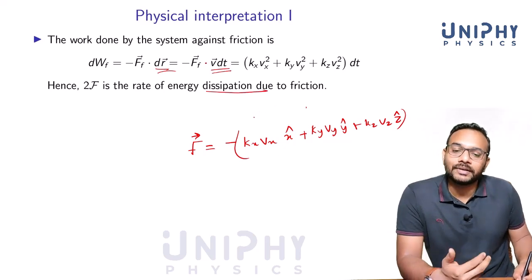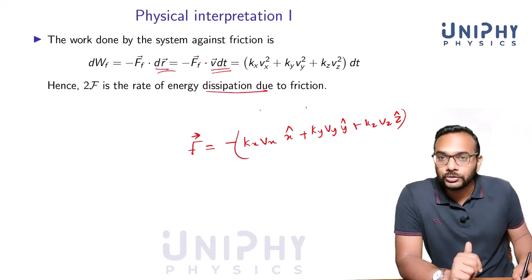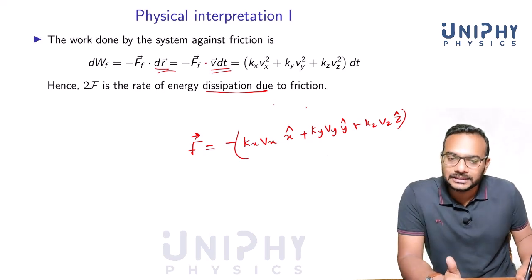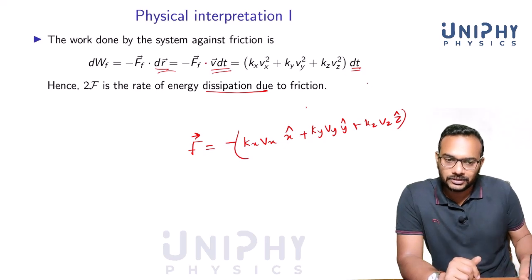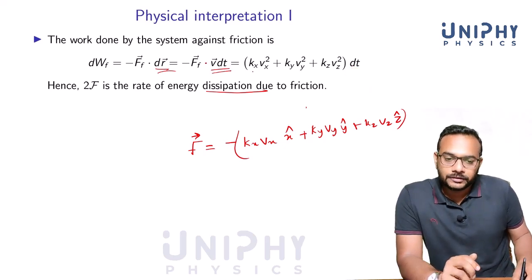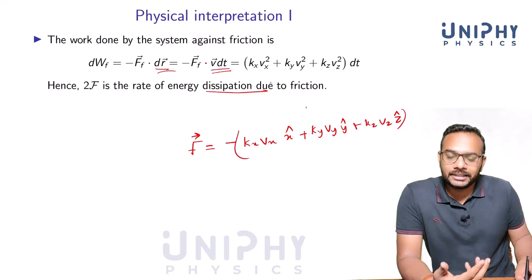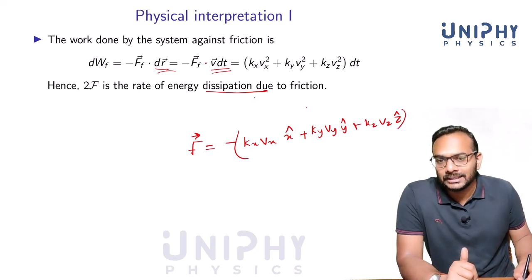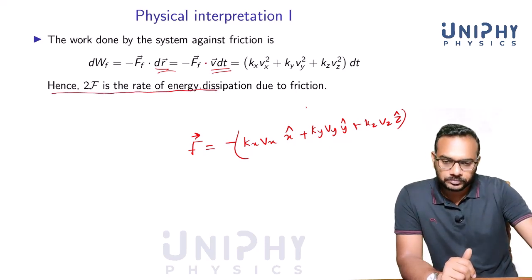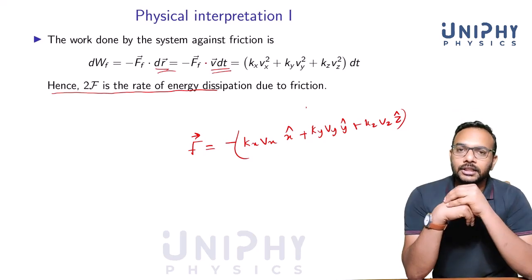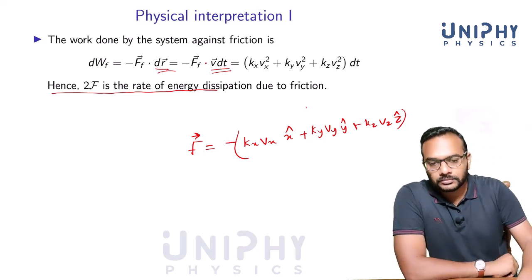We say it's a rate because there's a dt here. If you divide this whole thing by dt, you will get twice the Rayleigh dissipation function. It's maybe useful to keep this in mind: twice the Rayleigh dissipation function is the rate of energy dissipation due to friction.